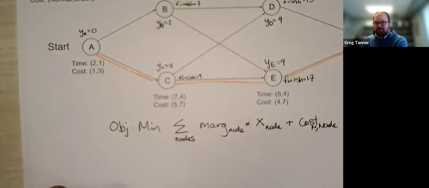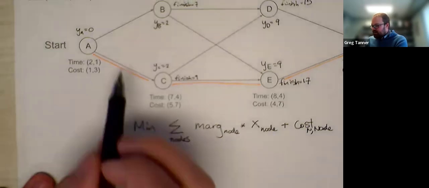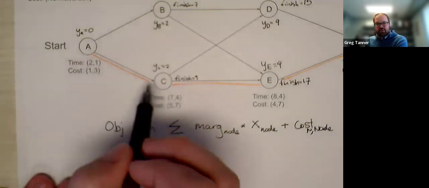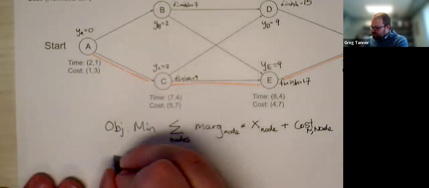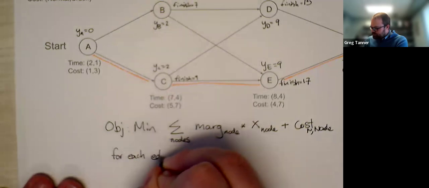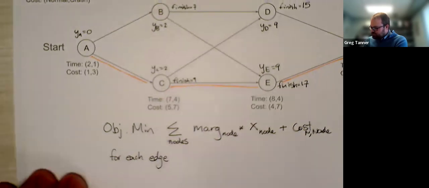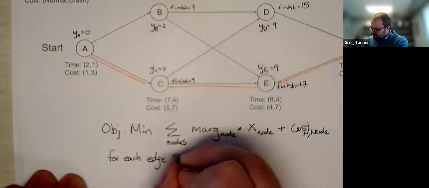But what are our constraints going to be? Our constraints are essentially that we can't start an activity before we finish its predecessors. Precedence is denoted by these edges, and we're going to get a constraint for each edge, which I'll write as ij.